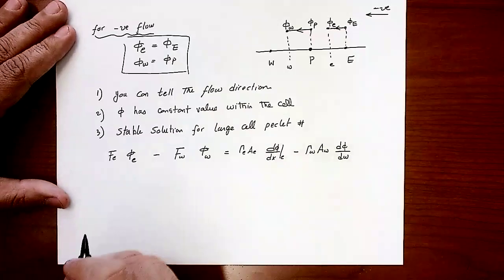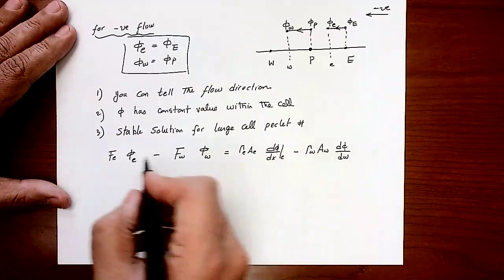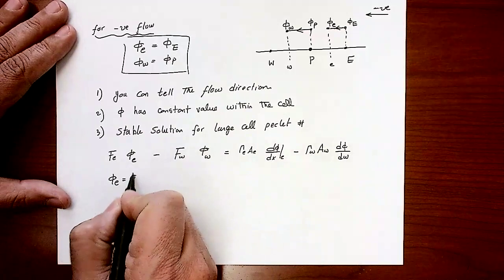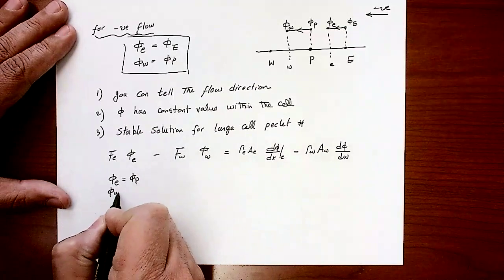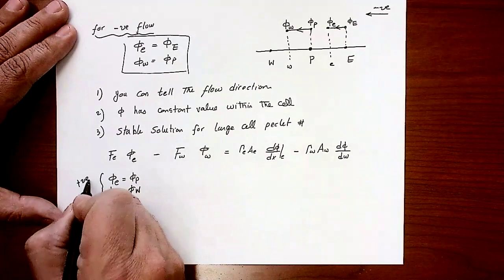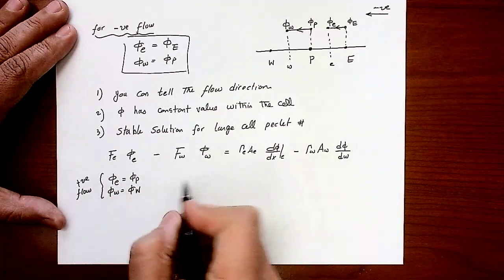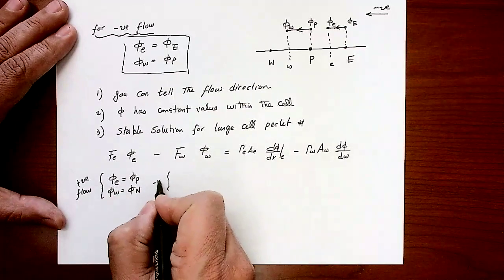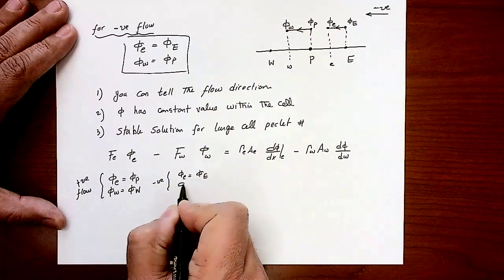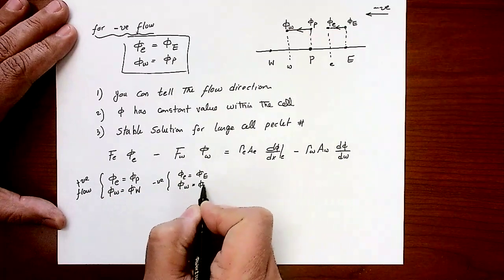If you are doing positive flow, you can replace phi east with phi P and phi west with phi W. If you are doing negative flow, you can set phi east equal to phi E capital and phi west equal to phi P.